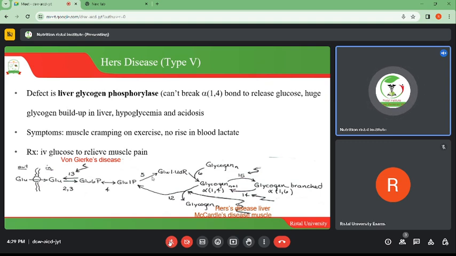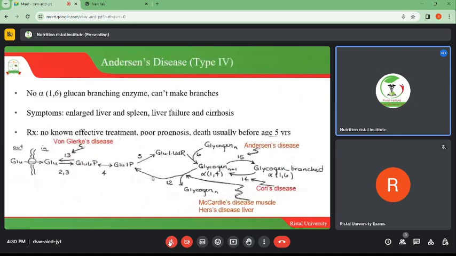It results in a huge buildup of glycogen in your liver. There's hypoglycemia, as your body cannot release glucose into the blood, and acidosis as well. Symptoms are muscle cramping on exercise, and there's no rise in blood lactate. So the same treatment, you just give IV glucose to relieve any muscle pain that you're having.